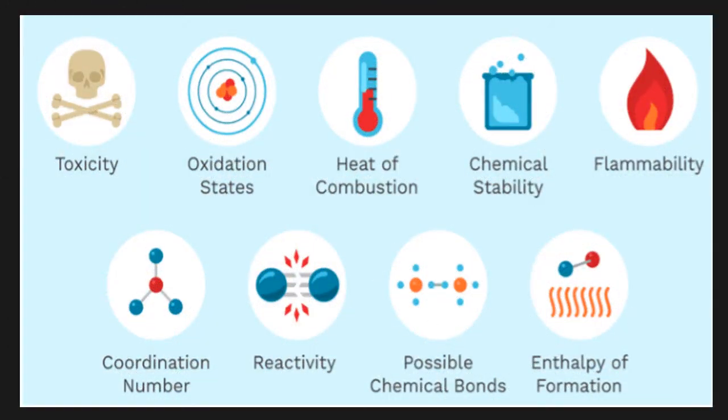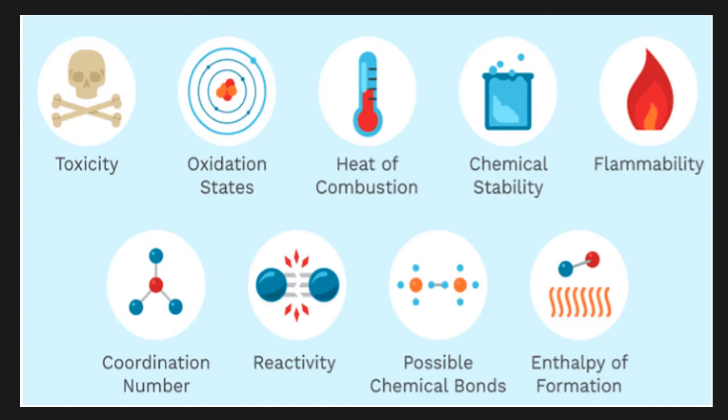Some examples of chemical properties, let us see with the help of the pictures given in the slide. The first is toxicity. Then we have oxidation states, which keep on changing whenever a chemical change is taking place. Heat of combustion, chemical stability, flammability, coordination number, reactivity, possible chemical bonds and enthalpy of formation.